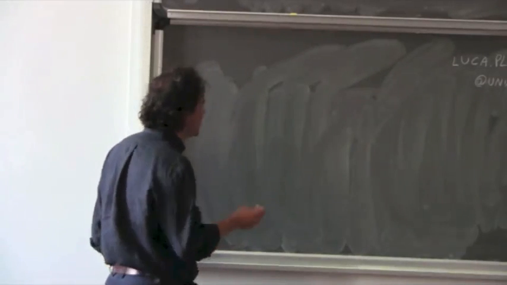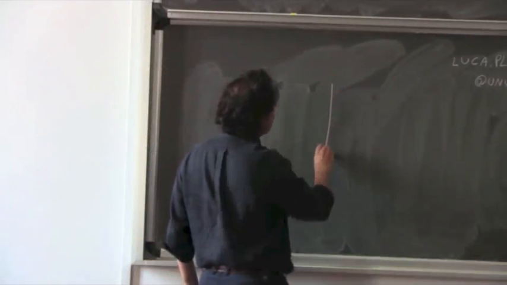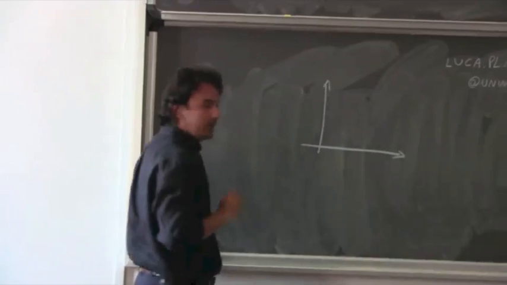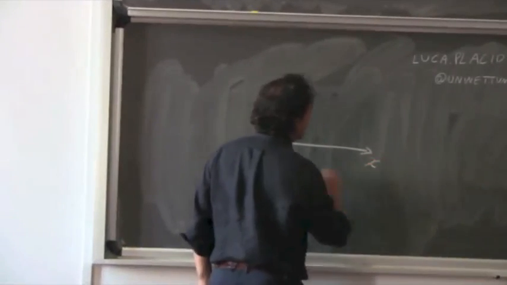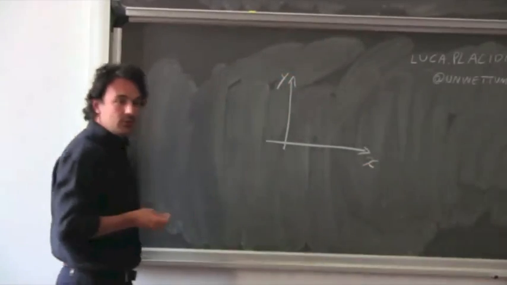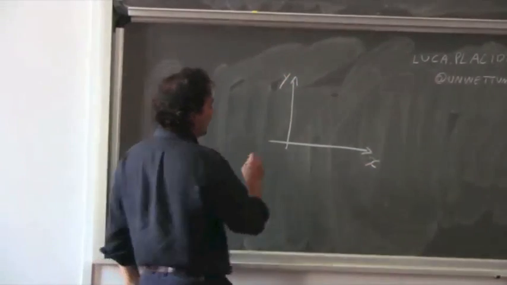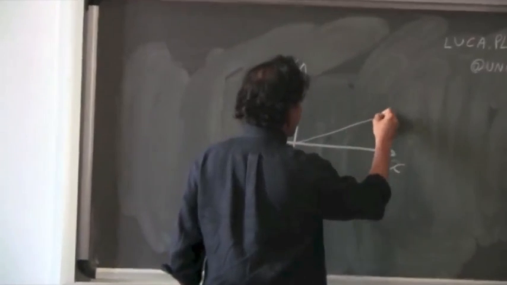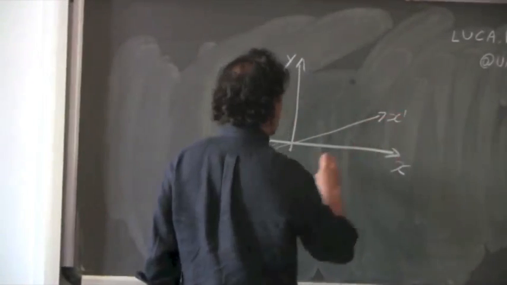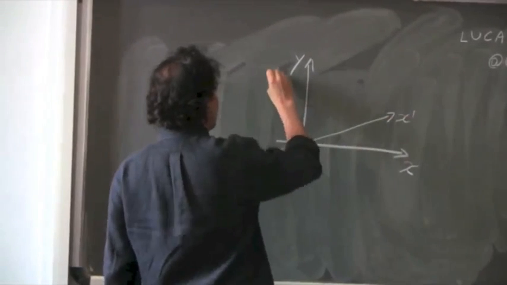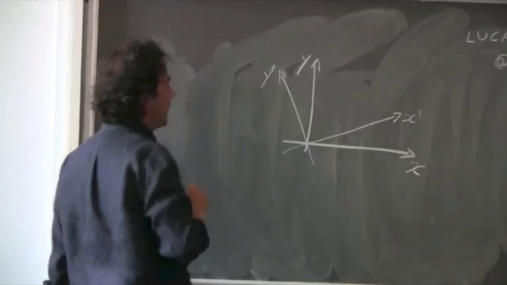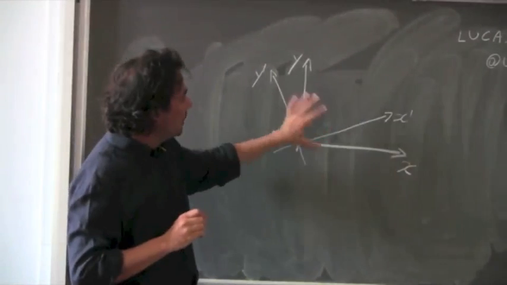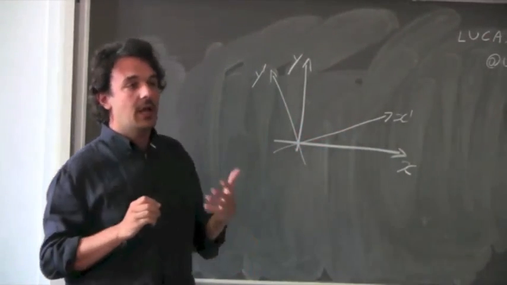And for example, if you have a frame of reference, in which x and y are the coordinates, and you have a second frame of reference that you call x prime, y prime. You can associate to each of these frames of reference a basis.